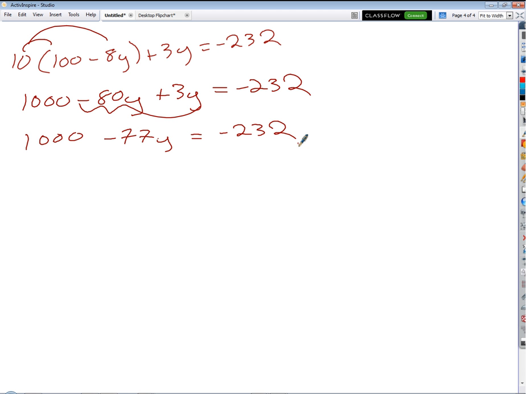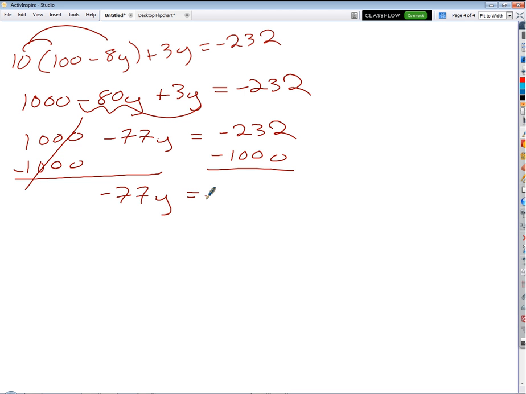Okay, so let's do that. If I subtract 1,000 from both sides, those go away. I get negative 77y equals negative 1,232, right? Negative 232 plus negative 1,000 is just negative 1,232.